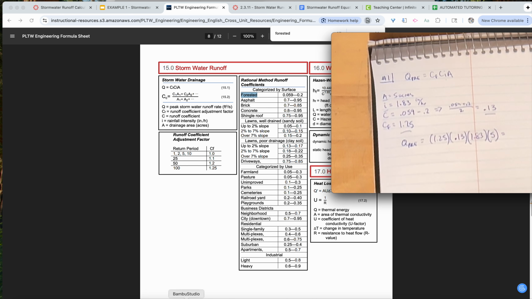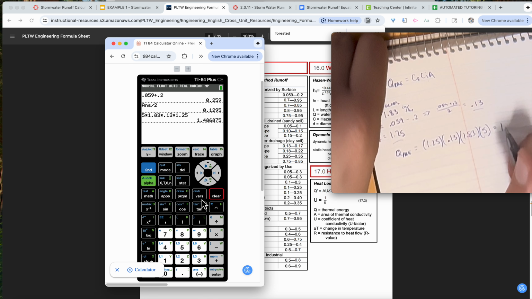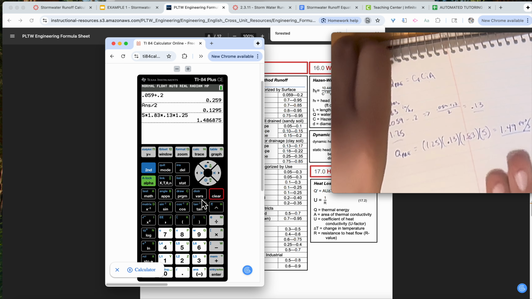Now we bring up our TI-84 again and take 5 times 1.83 times 0.13 times 1.25. We end up with 1.49. Remember, this is cubic feet of water per second. So that's our Q pre value.